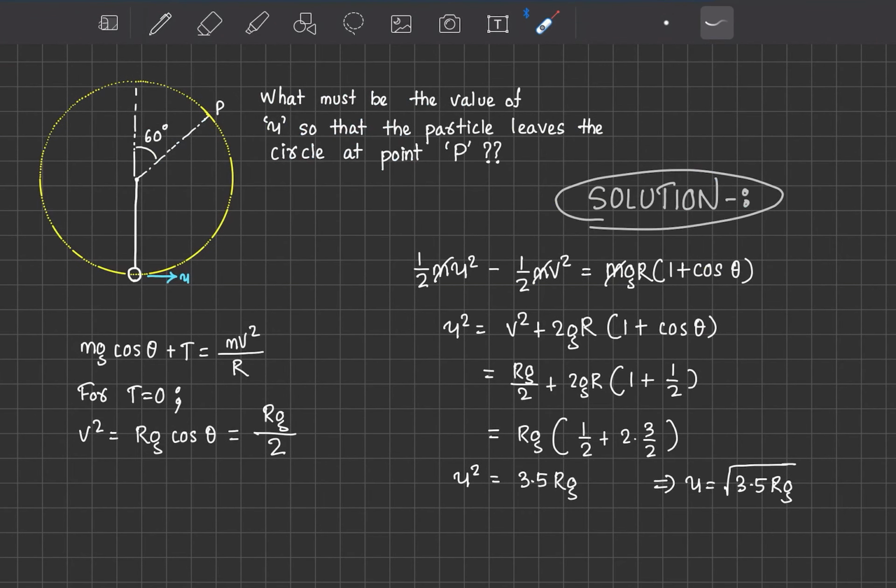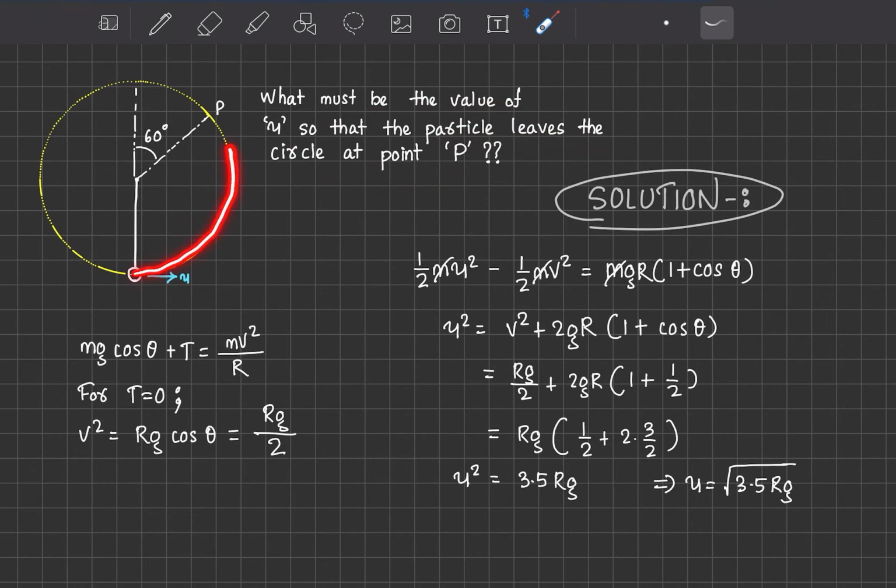Next, let's see the last problem that we are going to discuss in this video. Again we are given an arrangement where the particle is supposed to cover vertical circular motion, but the question here is, what must be the value of u so that the particle leaves the circle? It doesn't complete the circle, rather it leaves the circle.